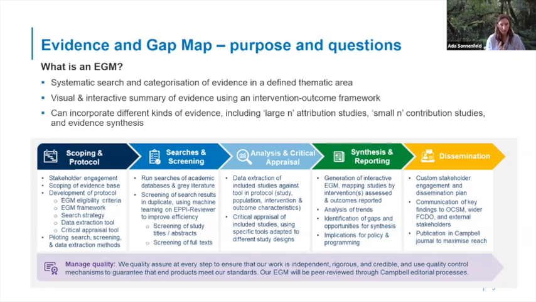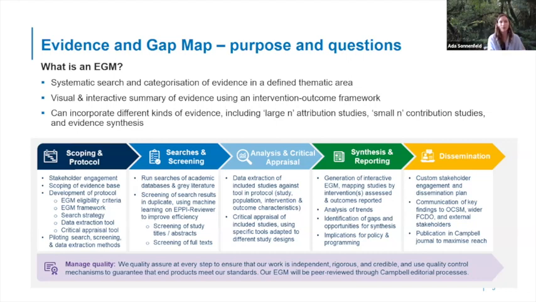The key things to think about in terms of an evidence gap map that differentiate it from a literature review is that it will be based on a systematic search that's defined before you start, a very detailed search process, and then a systematic screening to make sure that you're capturing all of the relevant evidence that fits your criteria for what you're going to include. And then the findings are visualized in an interactive map to enable other users to quickly identify the studies that are of most relevance to their work.